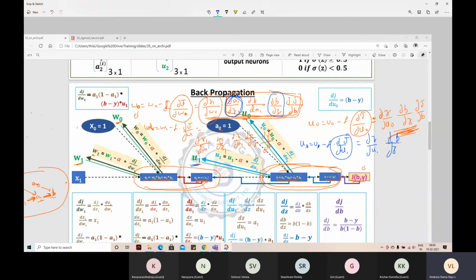Yeah, it calculates from here because these two terms are useful here. Got it? That's a good question. If it calculates here, then it can use these. In this layer, again, this whole thing is useful. Again, this whole thing is going to be useful in the previous layer, like that. Yeah, that's a good question. It calculates from the right side only.